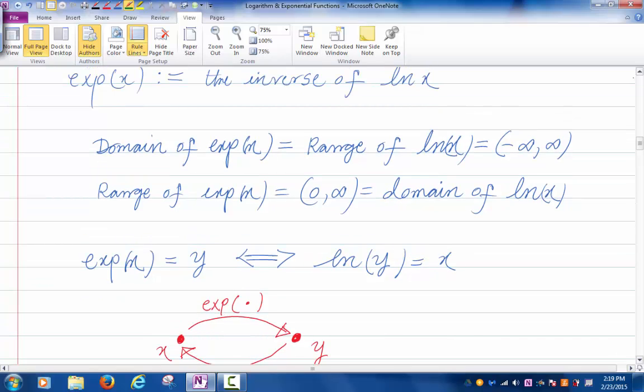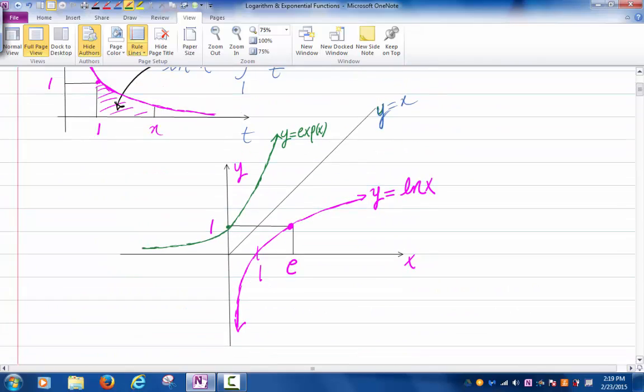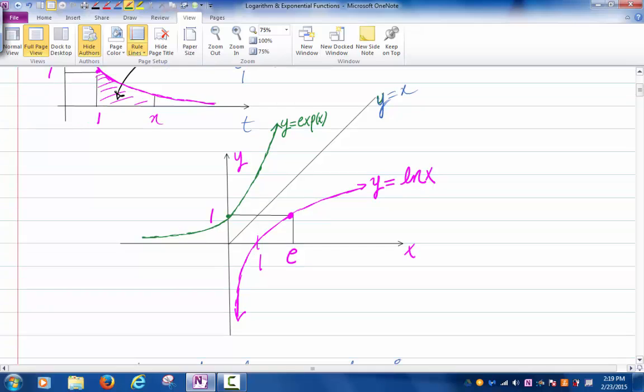Once I have the ln function, what's the graph of the ln function? Remember, we looked at the first derivative of ln and the second derivative of ln, so we know exactly how the function ln is increasing and concave down, and we also know the limit as x goes to infinity, and the limit of ln of x as x goes to 0.